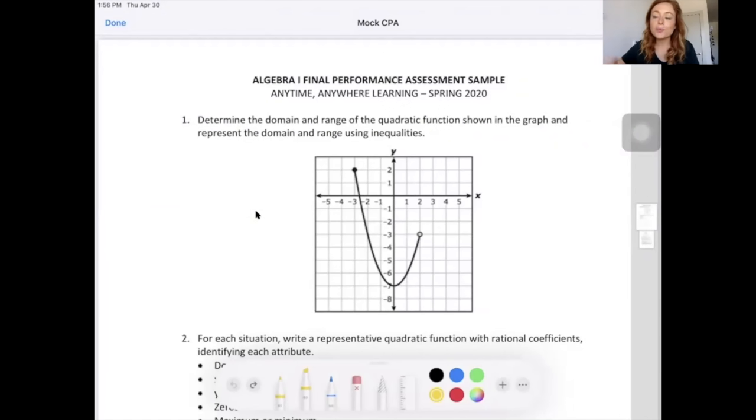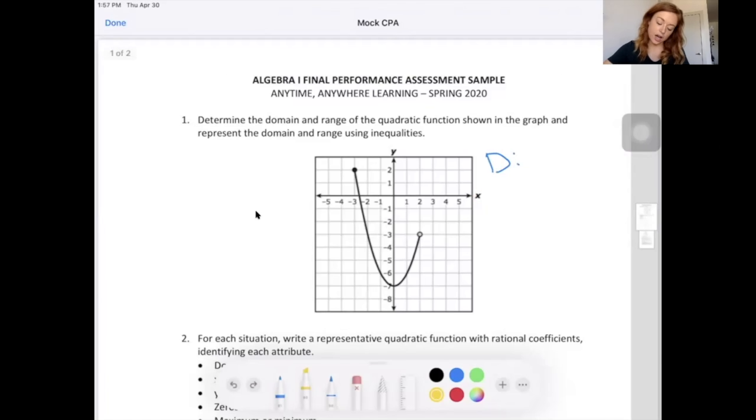So the first one, we have to remember those endpoints, because it doesn't have arrows, it doesn't go on forever. So let's do this. We're working with our domain first. Let's find our domain. I'm going to see how far left does it go. Remember it's x value, so I'm looking at the x-axis.